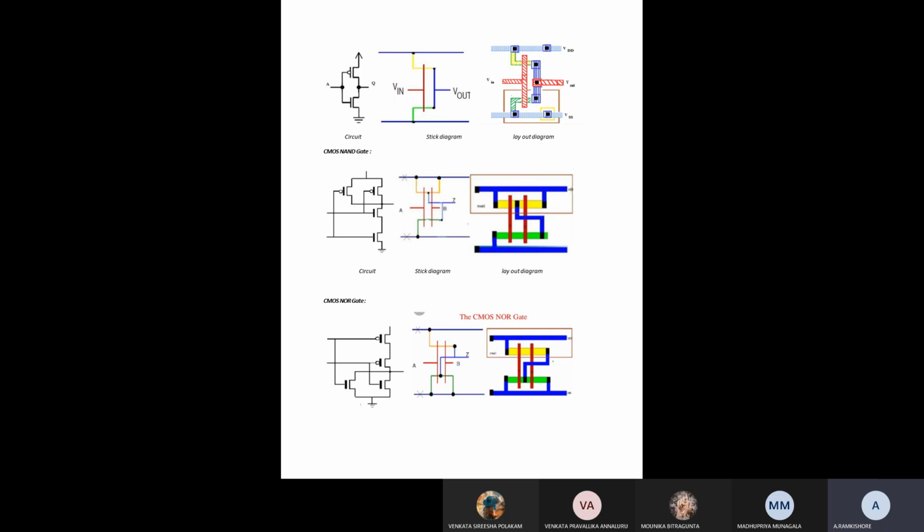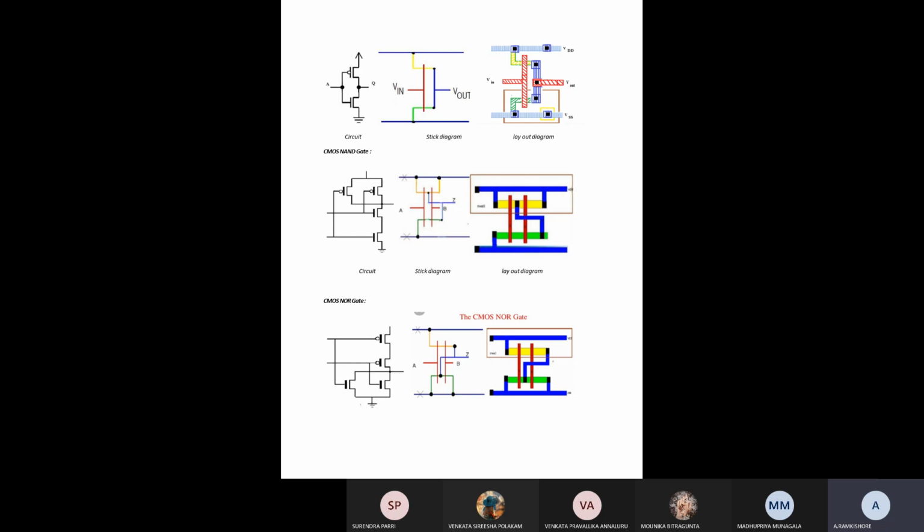The polysilicon and the diffusions are different layers, and whenever we cross the polysilicon with a diffusion material, that acts like a transistor. It may be a p-type transistor or an n-type transistor. For p-type we use the p diffusion, and for n-type we use the n diffusion.